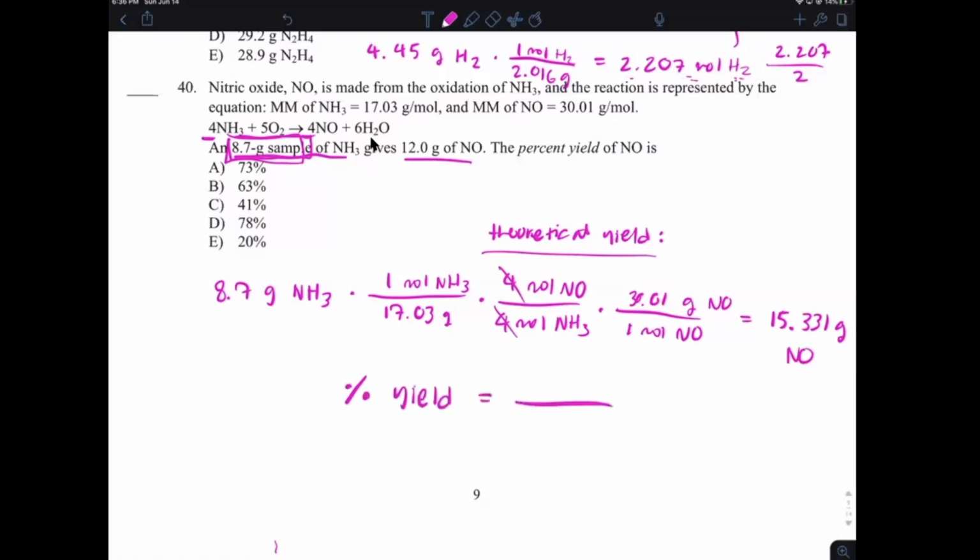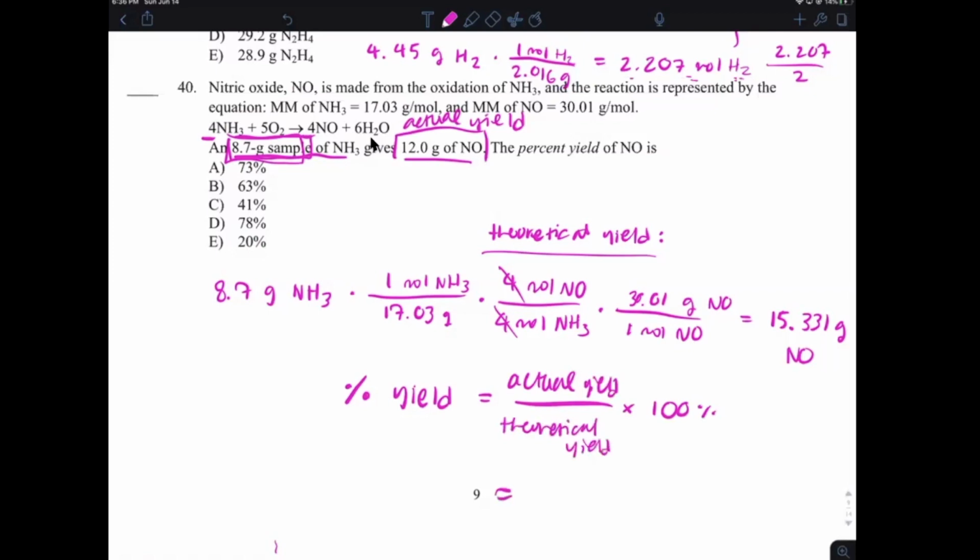So what is the percent yield again? How do we find it? Is it the actual yield over the theoretical yield? Is it the theoretical yield over the actual yield? And this here is our actual yield. Yeah, right, so it would be the actual yield over our theoretical yield.